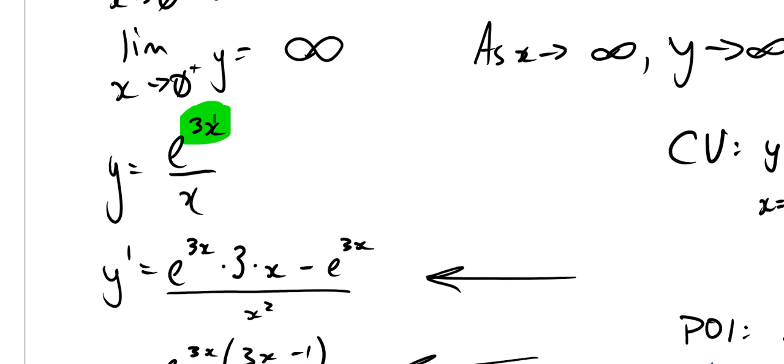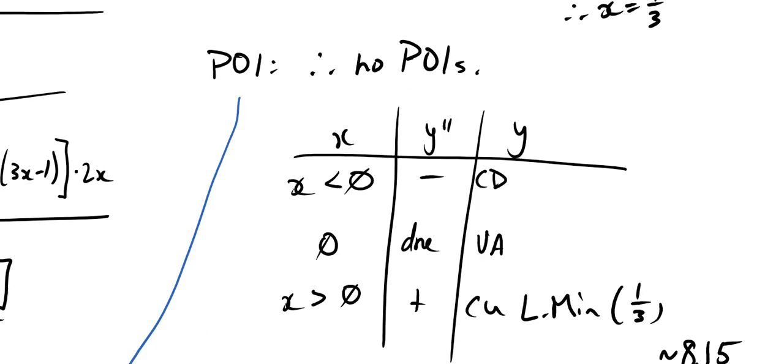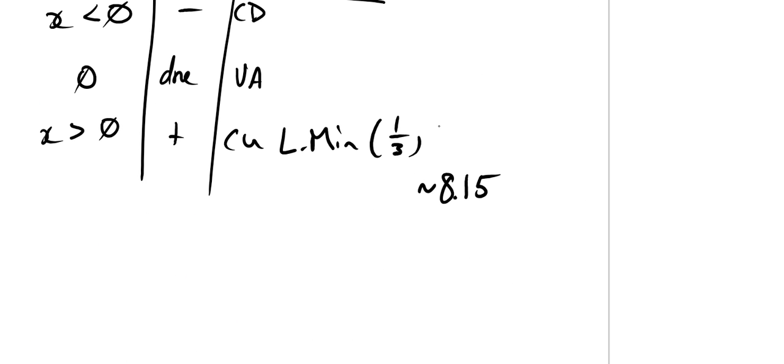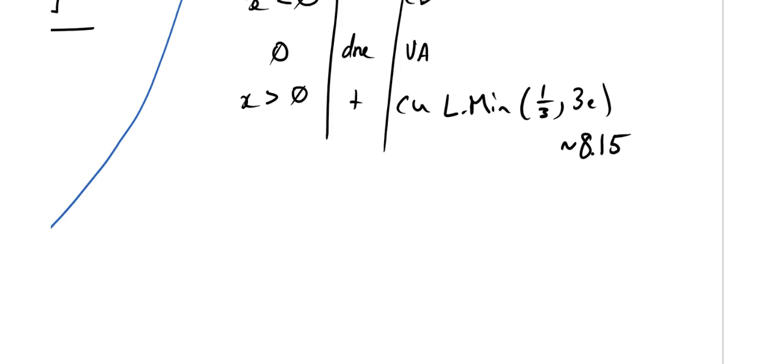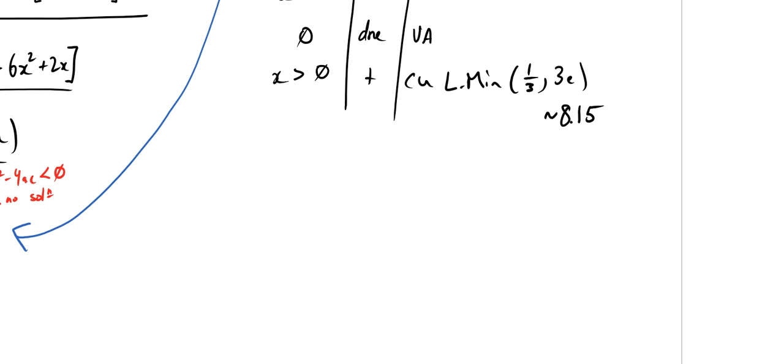It's 3 times 1/3, so that's 1. So this top is just e. e over 1/3 is 3e. So sometimes it's not a bad idea, especially if it's just in your homework, to challenge yourself to check and see if it's easy to evaluate exactly. But in the end, the 8.15, I think if you do 3e on your calculator, you can find them to be the same. The 8.15 is kind of the one that we want because that gives us a sense of where it is anyway. But all right, I think we're good.